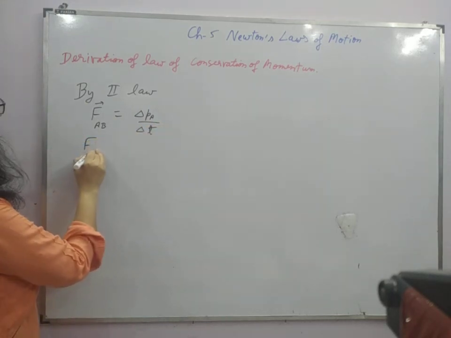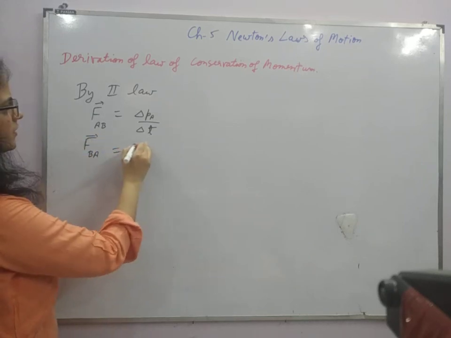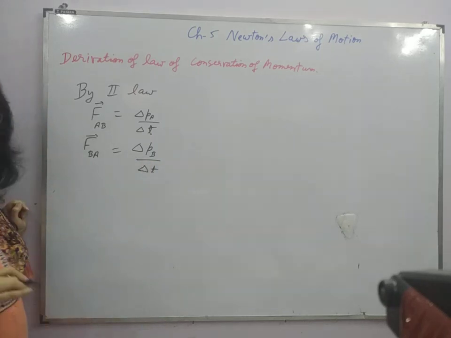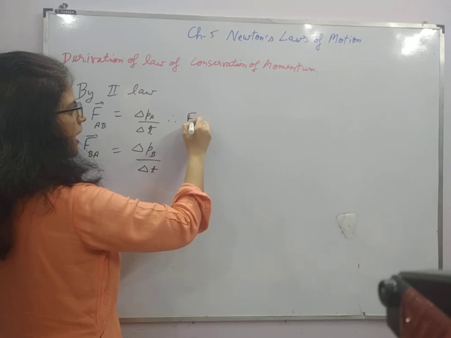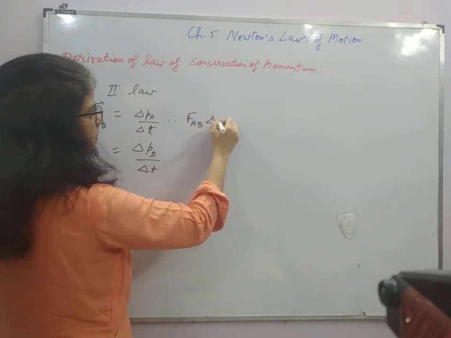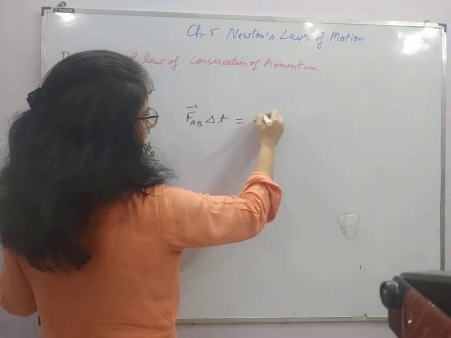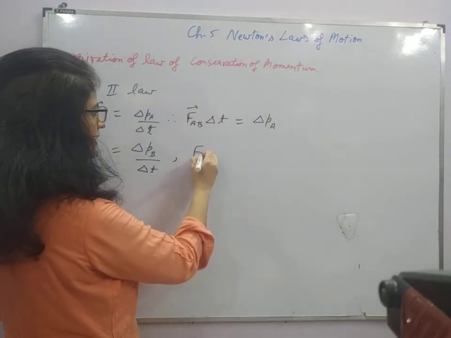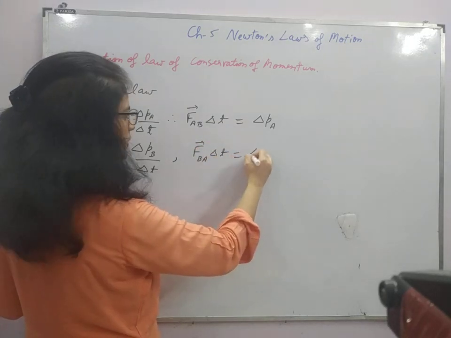Similarly, you can write the force on B due to A. This can be written as the change in momentum of B with respect to time. So I can write FAB into delta T, which can be written as delta PA, and FBA into delta T as delta PB. I have simply cross multiplied.